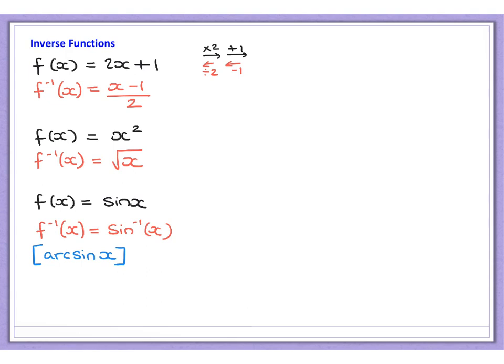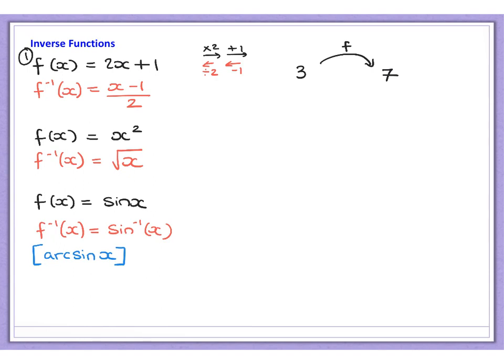So let's think about these functions in a little bit more detail. If I apply f of x to a value in the first example of 3, that means I multiply by 2 and add 1, which gives me an output of 7.